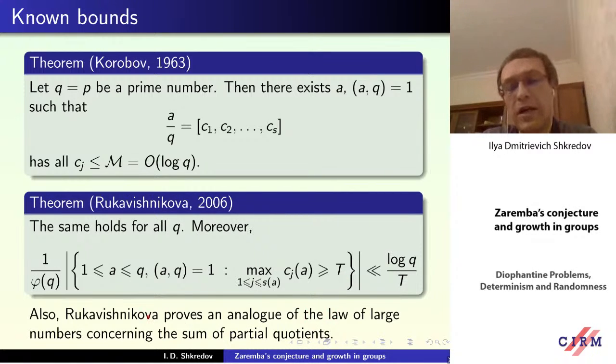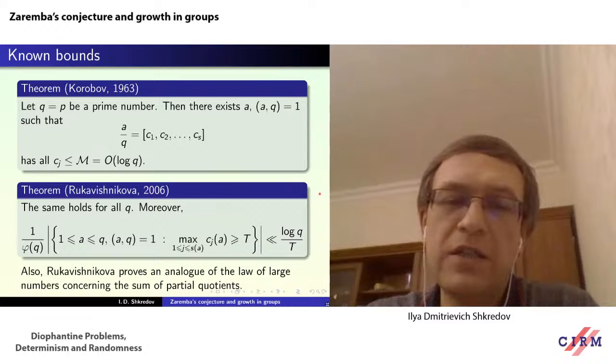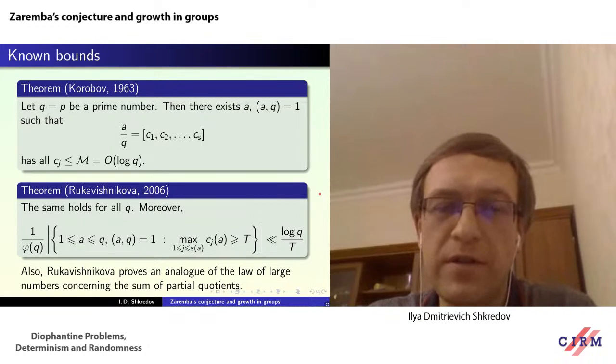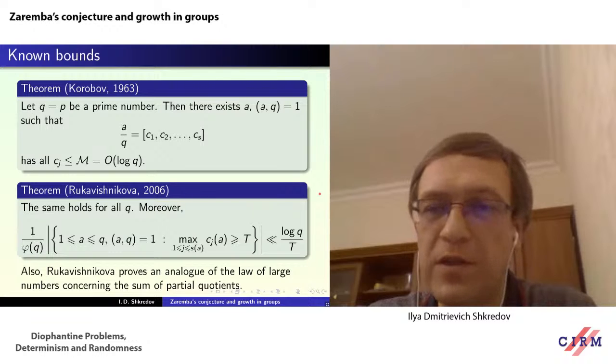For example, and this demonstrates the essence of the results, the number of A coprime with Q and such that the maximum of all partial quotients of A over Q is greater than T is bounded by log Q over T. So once again, a typical A gives us logarithm for M. Okay, so it's the best result at the moment, and even taking small o of logarithm of Q is a problem.